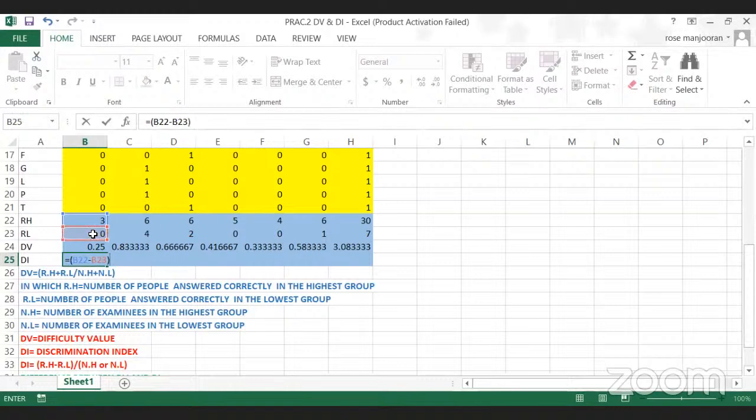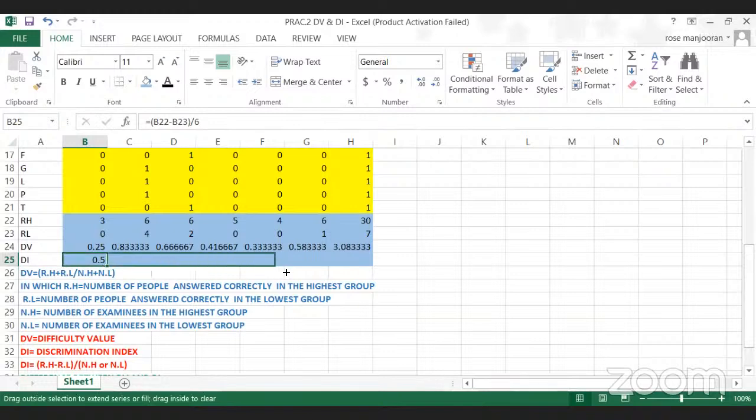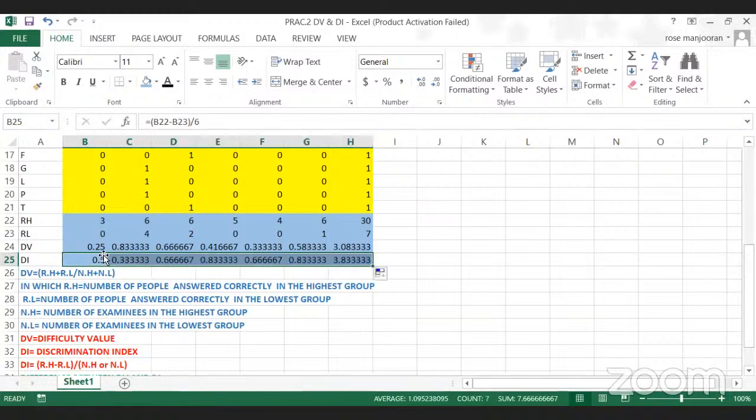Then here there is a difference, that is we are using NH or NL. So we cannot use 12, it should be 6. So we are typing divided by 6. So you get 0.5. Then we are dragging it. So you will get the DI values.